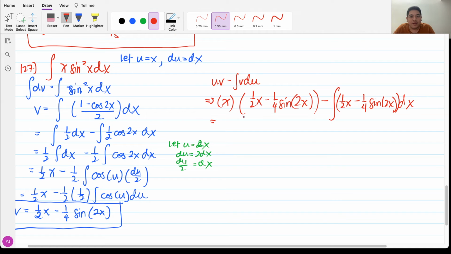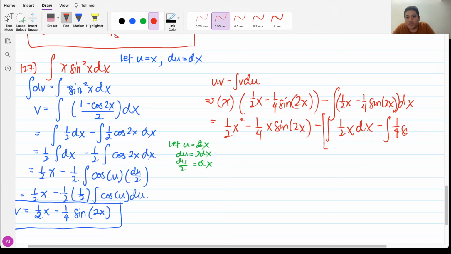So if we do that, that would be 1 half x squared minus 1/4 x sine of 2x. I just simply distributed the x. And then I have here, of course, 1 half of x dx minus the integral of 1/4 of sine of 2x dx.